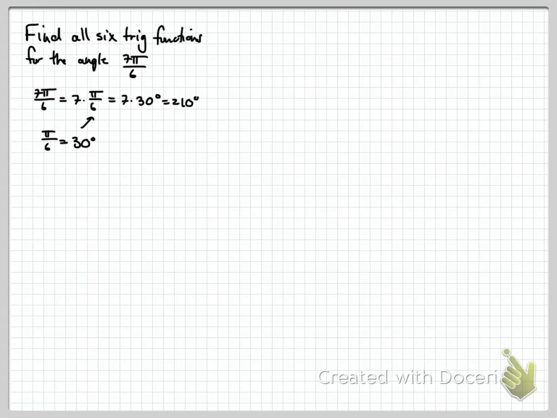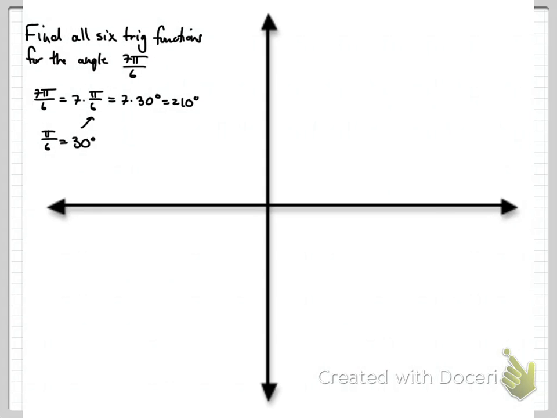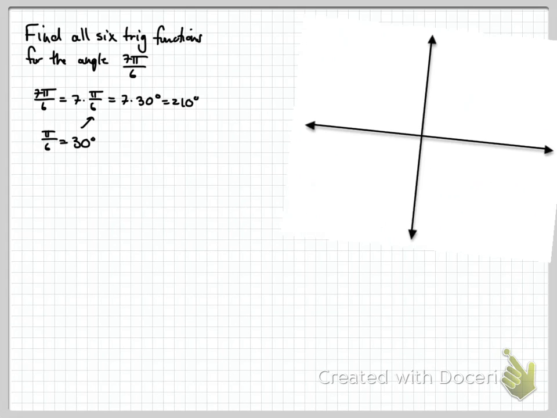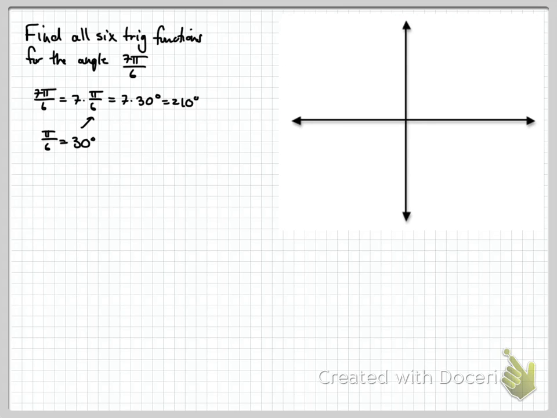Now it's important to have an idea of what this angle looks like as well. So I'm going to go ahead and insert a set of axes here, and we're going to use these to draw our angle and then evaluate the trig functions. I know that our angle is going to have an initial side that goes directly along the positive x-axis.